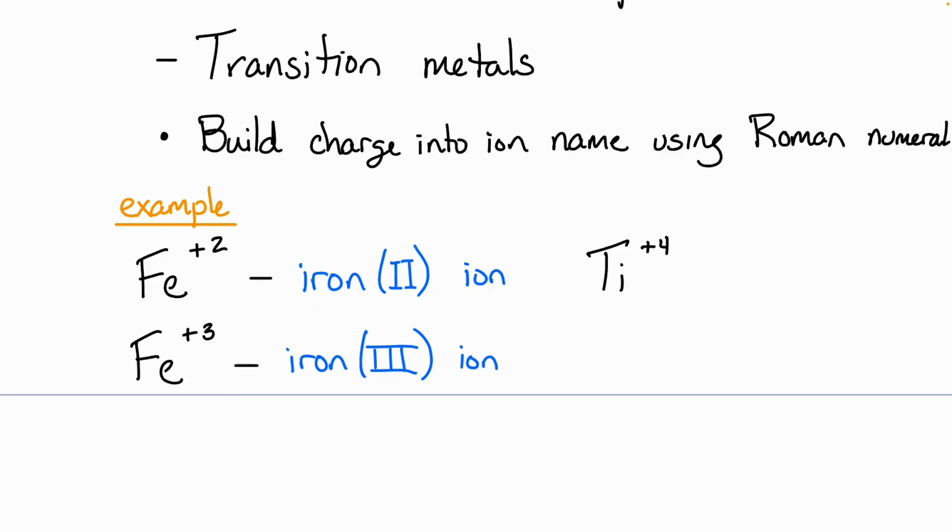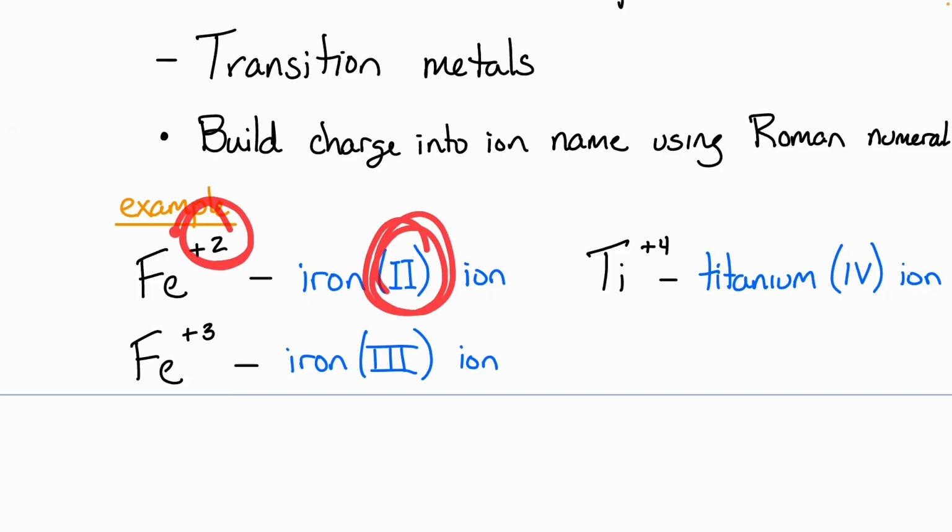All right, what do we got? This is titanium. 4 is IV. Titanium 4 ion. All right, again, the Roman numeral corresponds to the charge on that ion.